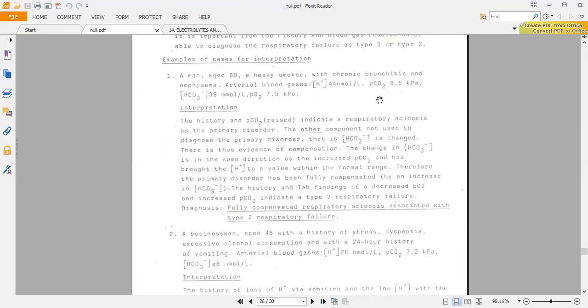The only reason why they gave the oxygen over here is for you to determine whether the person has respiratory failure or not. And yes, the person has respiratory failure. Is it type 1 or type 2? It's type 2 because the carbon dioxide levels over here have increased. So this is how we analyze this question.